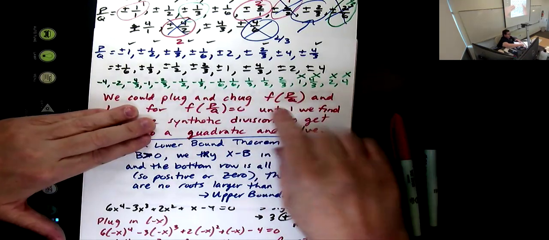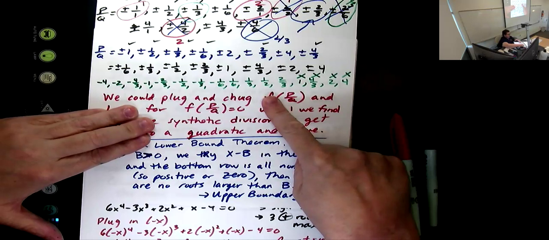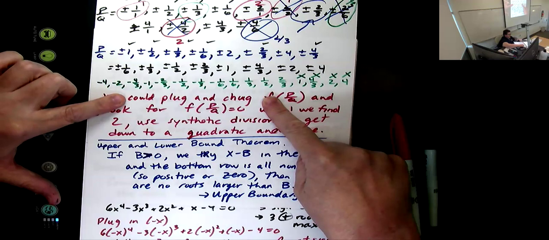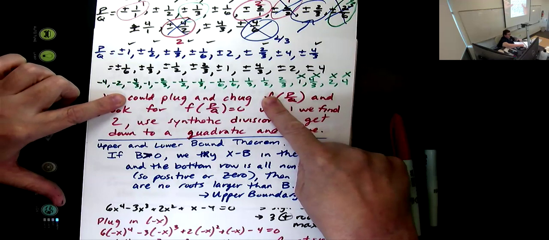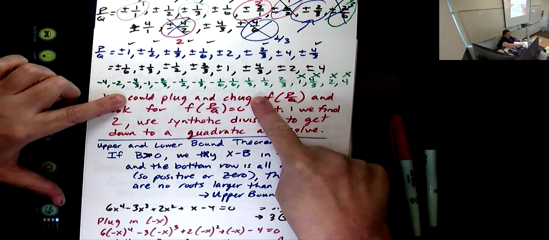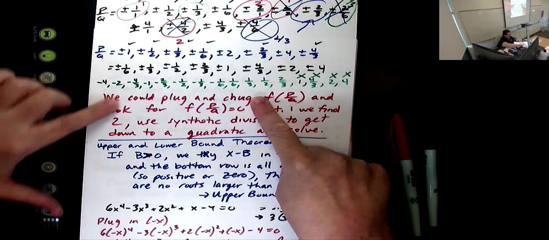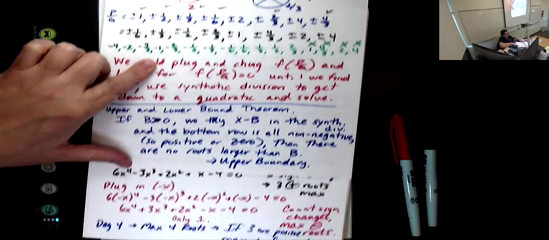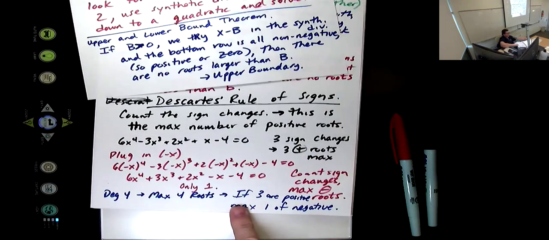If I have 3 chances to get the right number on the positive side, and only 1 chance on the negative side, which should I be trying? The positive. I got 3 chances to hit the right number, 3 out of 4. I've only got 1 chance of getting the correct one over here. Focus on the one that's got more options. So we'll focus on positive roots.